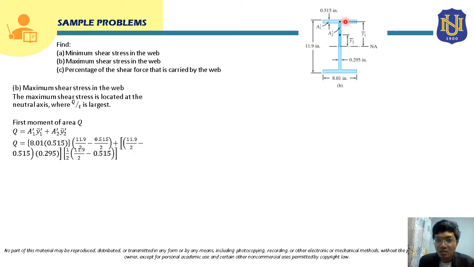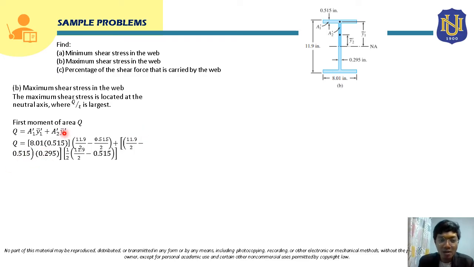That will be the height here, because we need it for the area. So the base is 0.295 and the height is 11.9 over 2 minus 0.515. This is for A sub 2 prime.